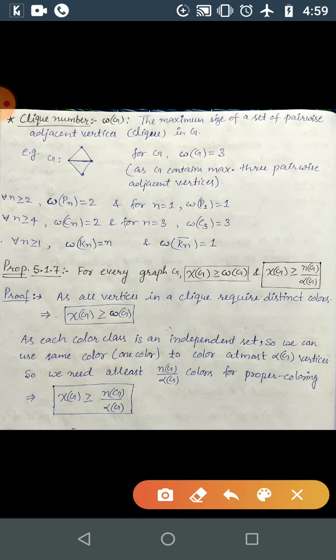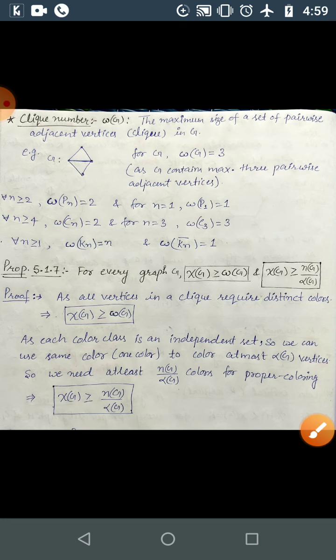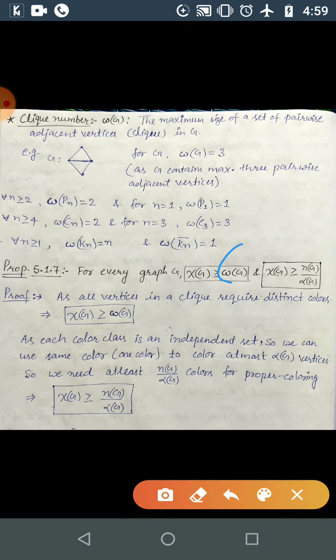So how to prove it? The chromatic number is at least the clique number. A clique is a maximum-size set of pairwise adjacent vertices, and whenever vertices are pairwise adjacent we can't use the same color for all of them. So we need at least as many colors as the clique number, correct?